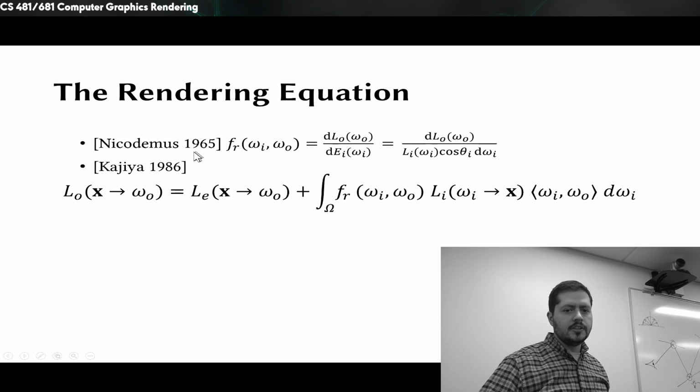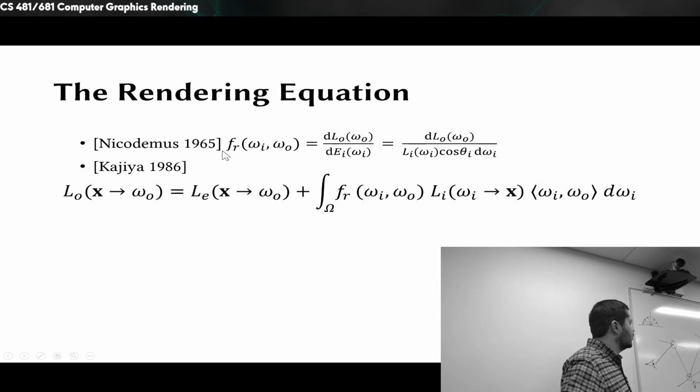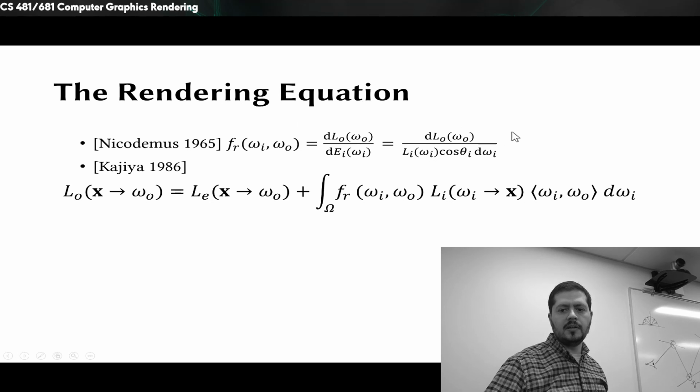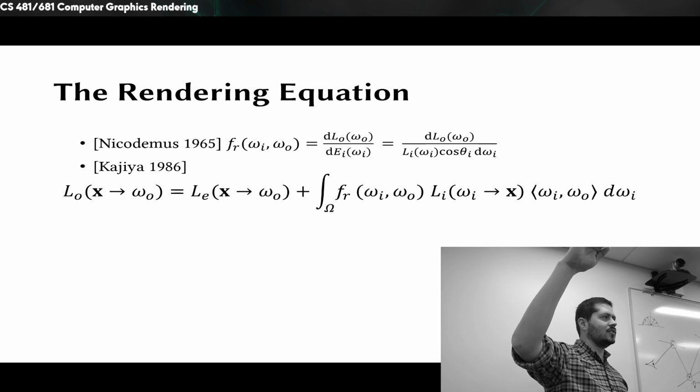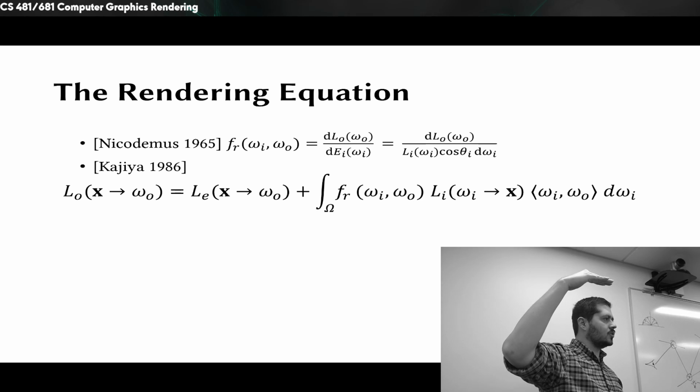And then we want to relate this to the reflection. In 1965, there's a paper by Nicodemus, and he was basically saying that the amount of light that's reflected, it's a differential equation, but more or less, it's the ratio between the amount of light coming in versus the light going out.